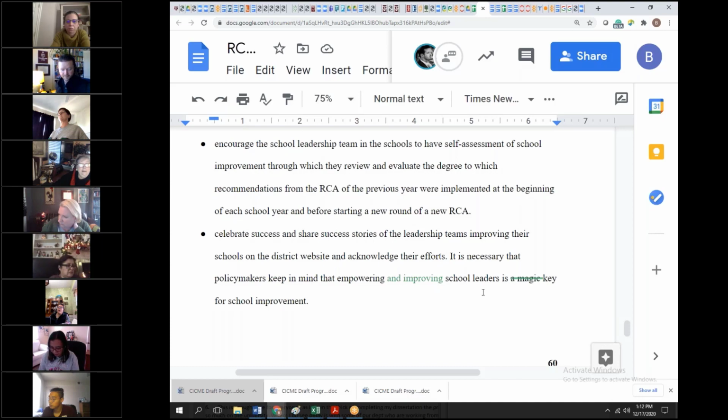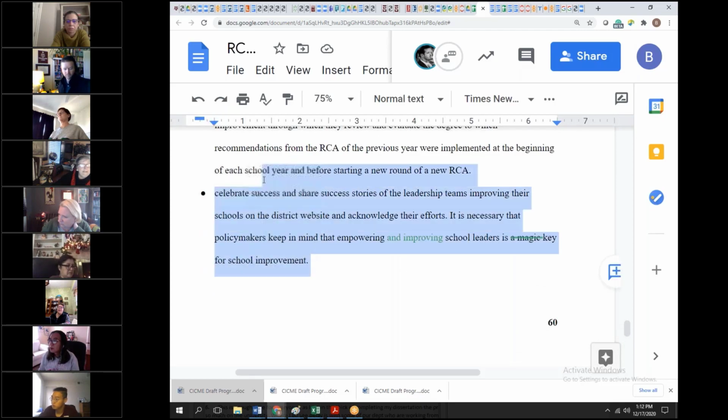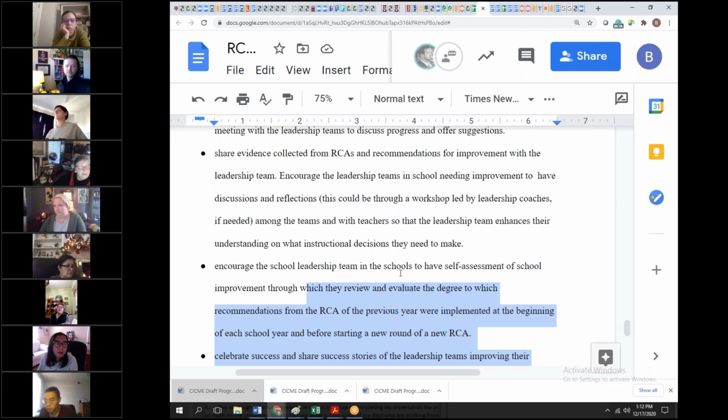So what we can say, key is key for school improvement. So what do we really, really want to say? What is it that we want to come out of this? Is it a new policy consideration? Is it a set of new standards? Is it a set of non-negotiables?